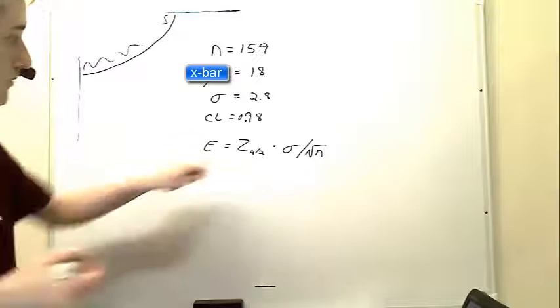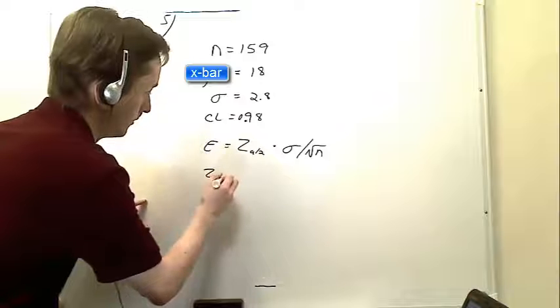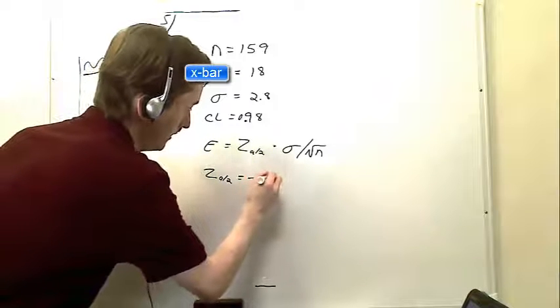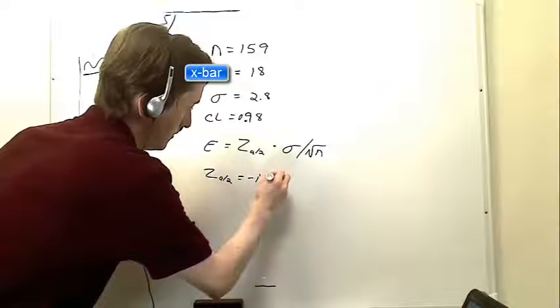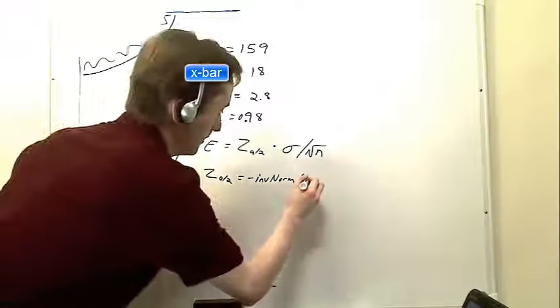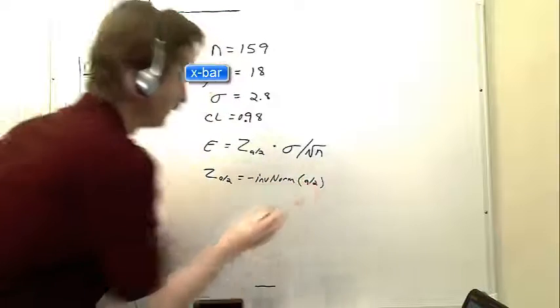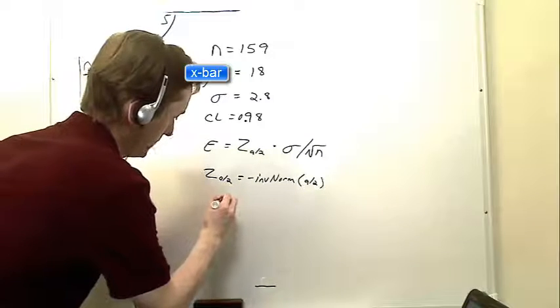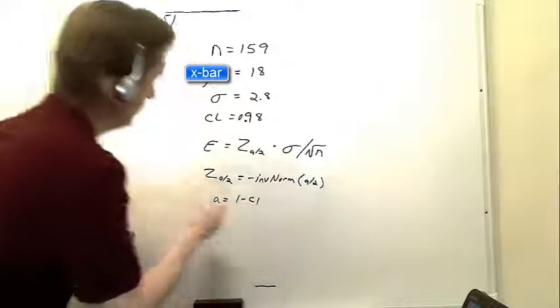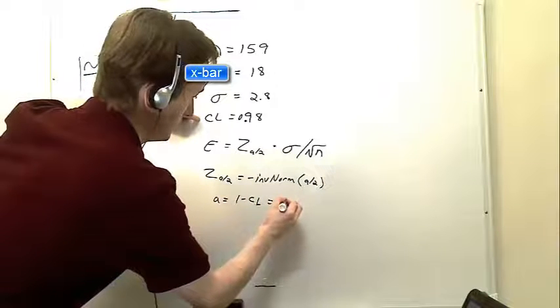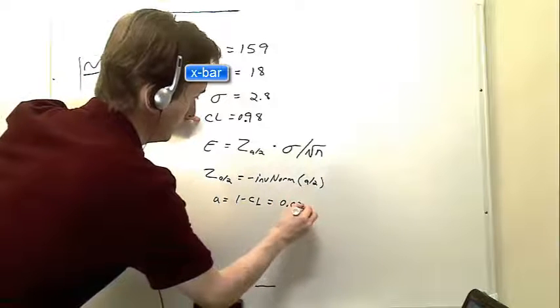Now we have to evaluate the critical value. That's negative invNorm of A over 2, where A equals 1 minus our confidence level. In this case, it's going to equal 0.02.